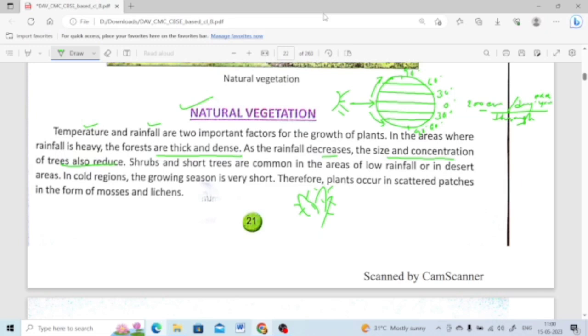Okay, so these are some climatic reasons why we get different types of natural vegetation in different places. Like in the cold desert we find scattered patches of mosses and lichens. So this is about natural vegetation.